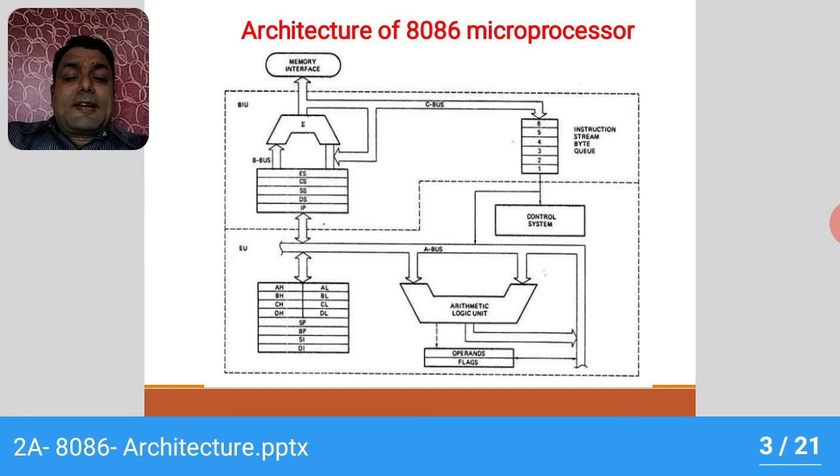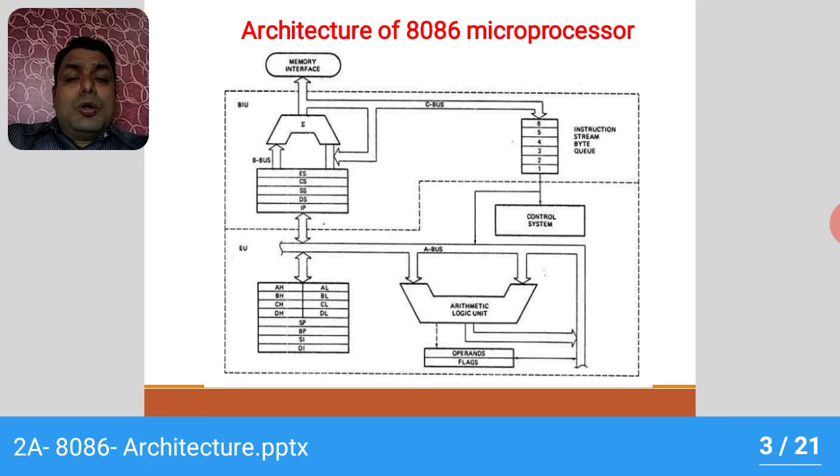It contains general data registers like AX, BX, CX, DX. It contains segment registers like CS, SS, DS, ES. It contains flag registers. It contains pointers and index registers like SP, BP, SI, DI, and IP. So these are the various kinds of registers we come across in the 8086.